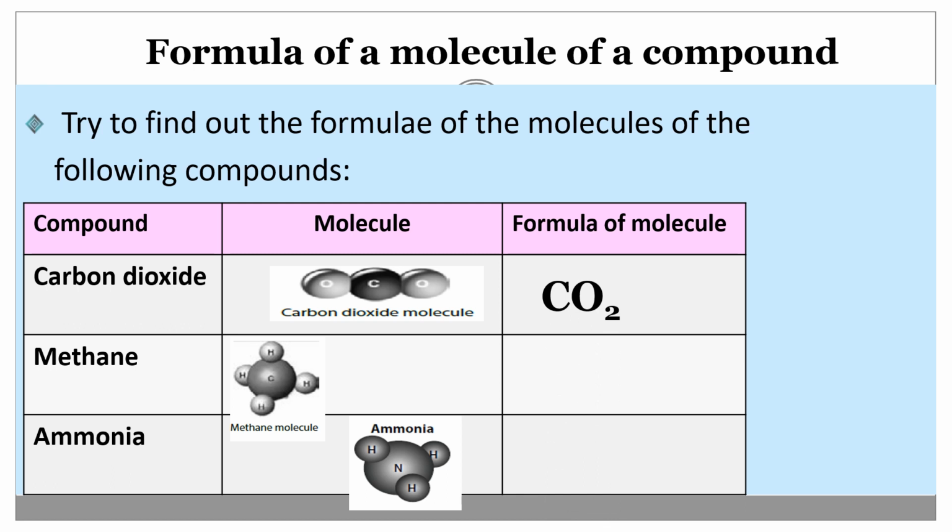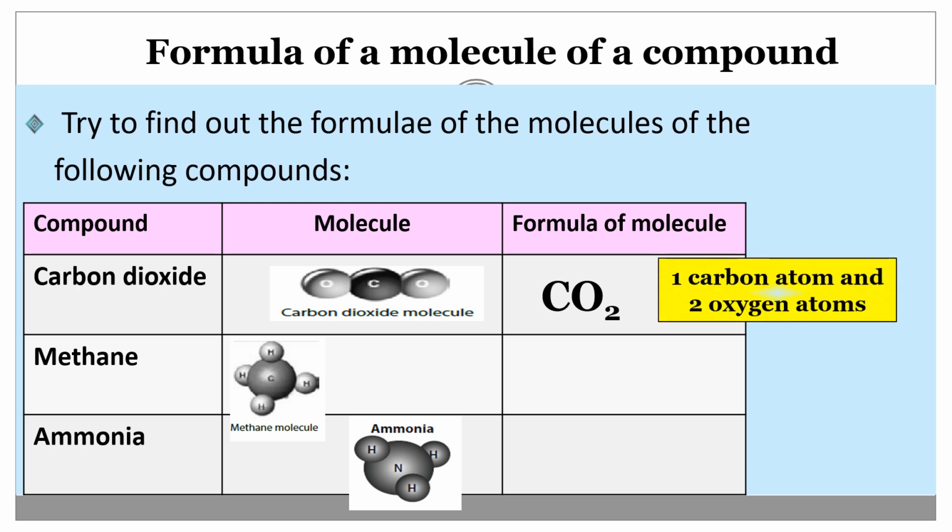The formula of carbon dioxide is capital C, capital O with a subscript 2. This is because in one molecule of carbon dioxide there is one atom of carbon and two atoms of oxygen.